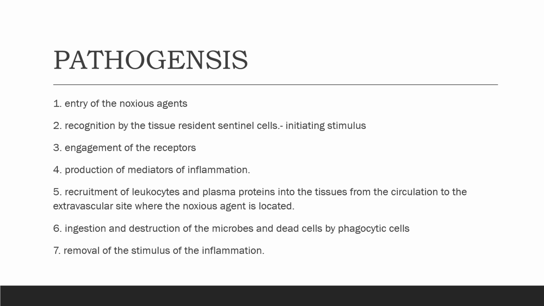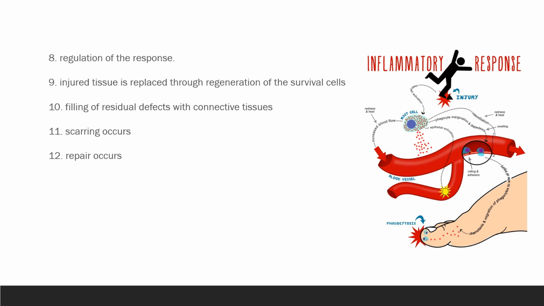Then these leukocytes and plasma proteins go and ingest and cause destruction of the microbes and dead cells by the phagocytic cells. And then there is removal of the stimulus of the inflammation, after which the inflammation process starts getting regulated.